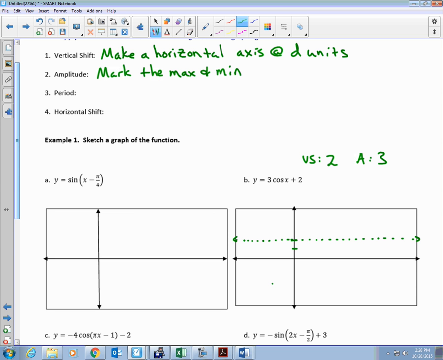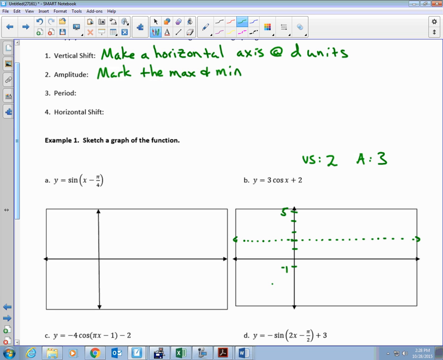It will be 3 units up, which is 3, 4, 5. And it will be 3 units down, which is negative 1. Is everybody convinced that it will go to a height of 5 and down to negative 1? Okay. Did you say you're confused? Oh, you've been convinced. Thank you.